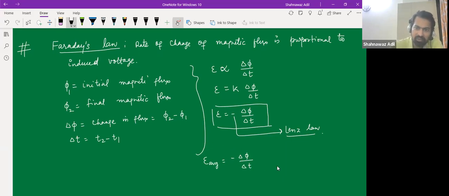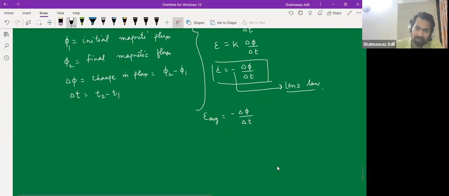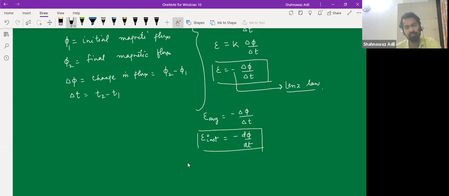Similarly, if I want to calculate E instantaneous, this would be minus d phi by dt. Is this part clear, guys? Yes.